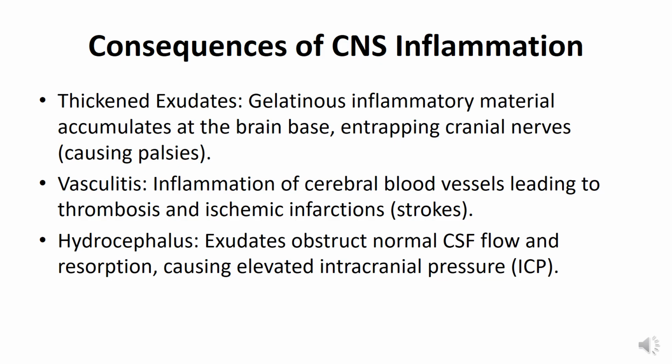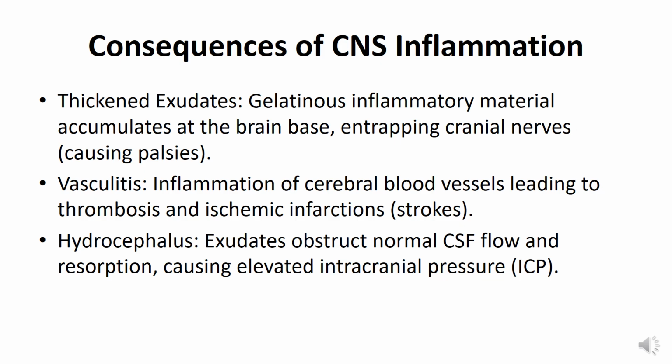As a result, cerebrospinal fluid begins to accumulate. This excess fluid causes enlargement of the ventricular system and increases pressure within the skull. This condition is known as hydrocephalus. As intracranial pressure rises, patients may develop severe headaches, vomiting, confusion, reduced consciousness, and other neurological symptoms.